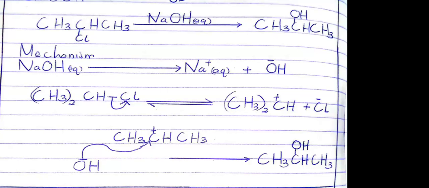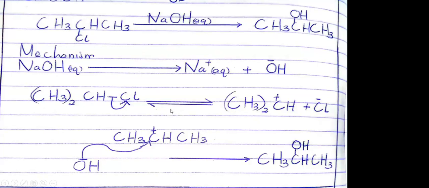Sodium hydroxide is a strong electrolyte. I don't expect you to write two half arrows, because this is a strong electrolyte. It completely ionizes to give us sodium ions and hydroxide ions. The step where the chloride dissociates, this bond breaking, is a slow reaction.